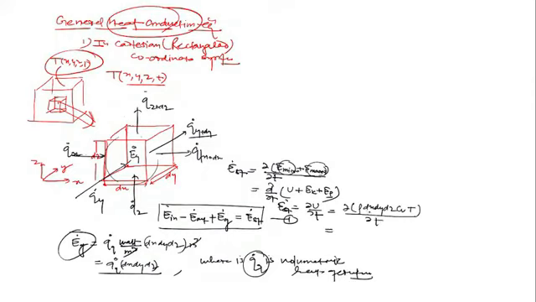And since density, volume and Cv are not going to change with time, temperature may change with time but these properties are not changing, I can take them outside, and that ultimately becomes rho Cv dx dy dz into del T upon del t. Clear beta? This is what is called the accumulation term.